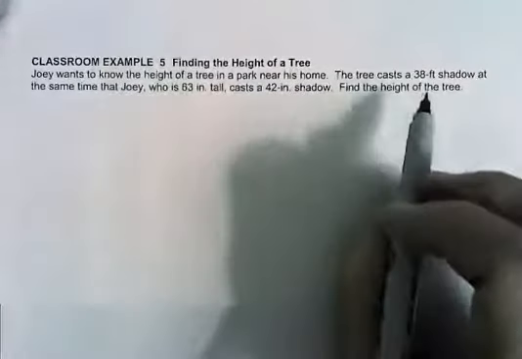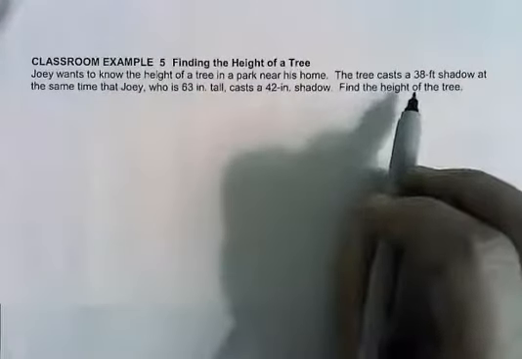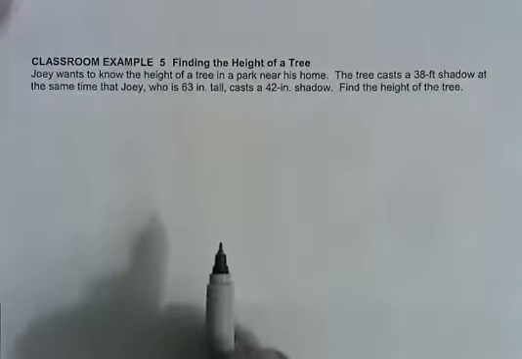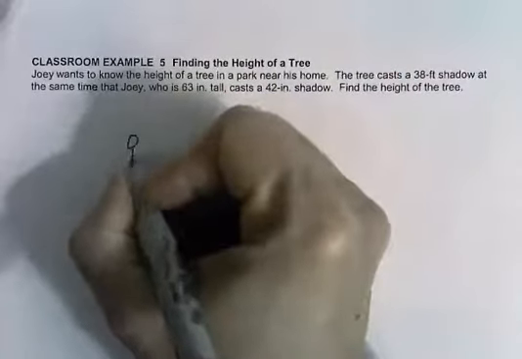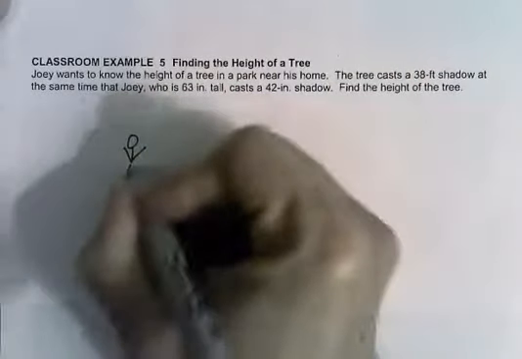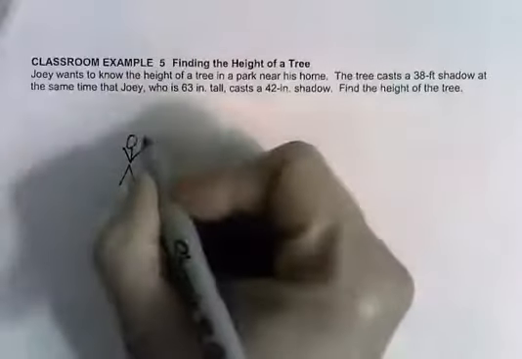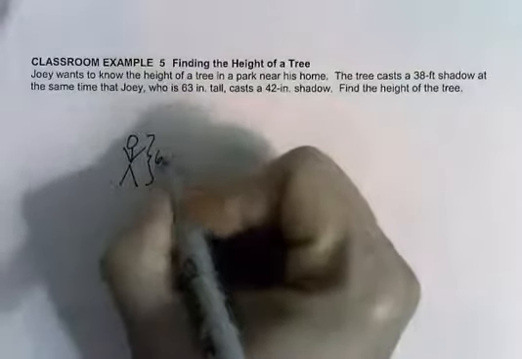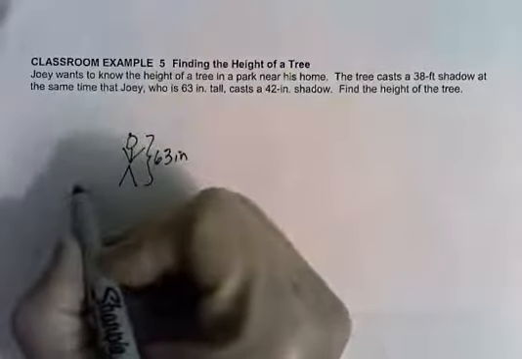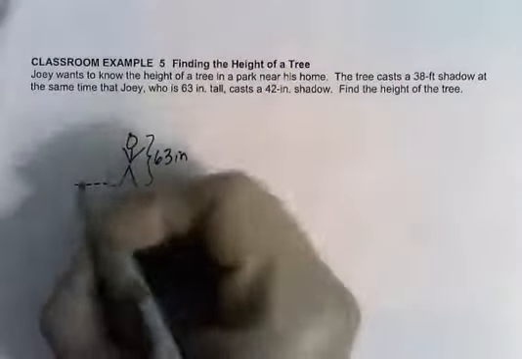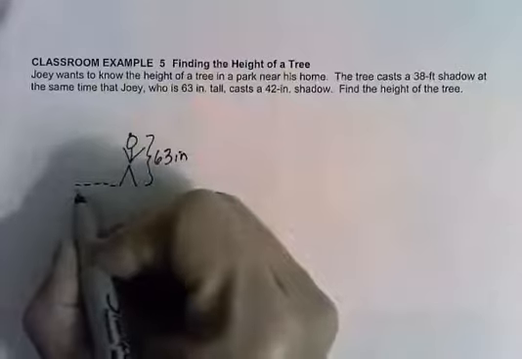So we can draw two pictures, one to represent the tree and its shadow, and another one to represent Joey and his shadow. So here's Joey. We know he is 63 inches tall, and his shadow is 42 inches.